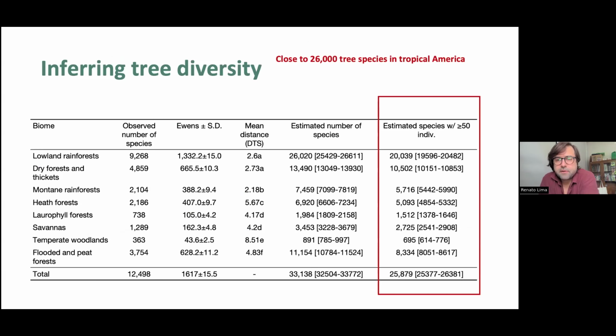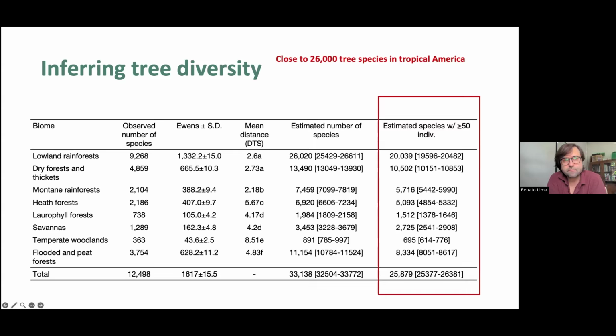So these are the numbers of species projected for each of those biomes. We have the Ewens theta from the neutral theory model fit for each biome, and we have the total number of species projected for each biome and for the entire region. We can see here to the extreme right, in red, what we call the estimated number of species that probably have viable populations in tropical America.